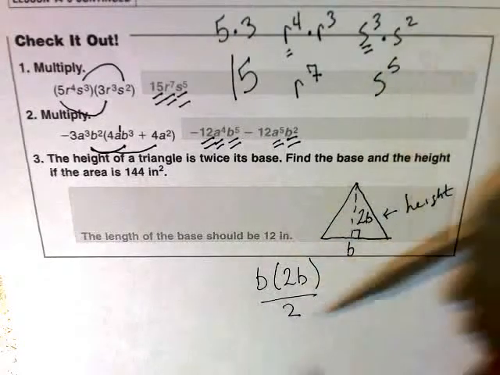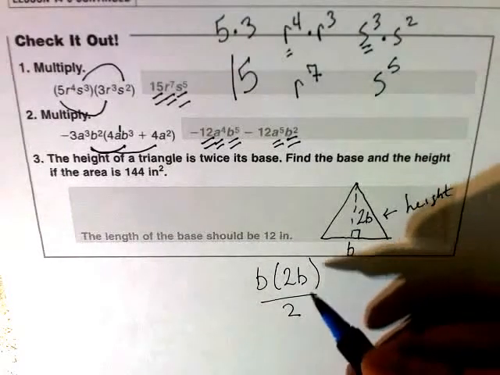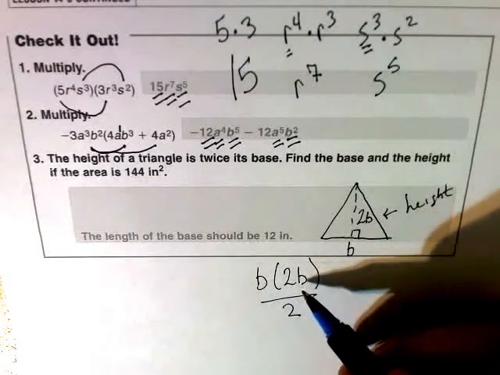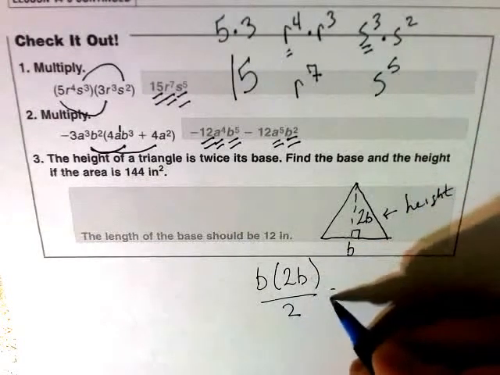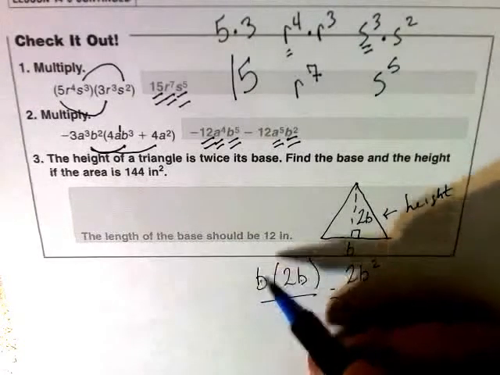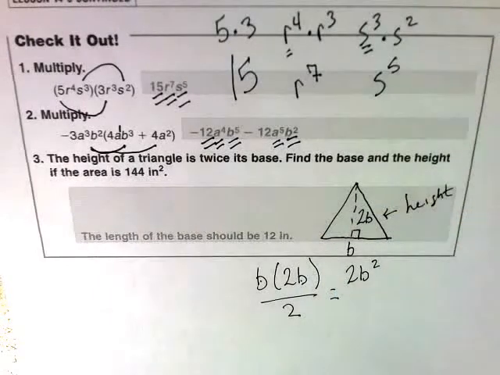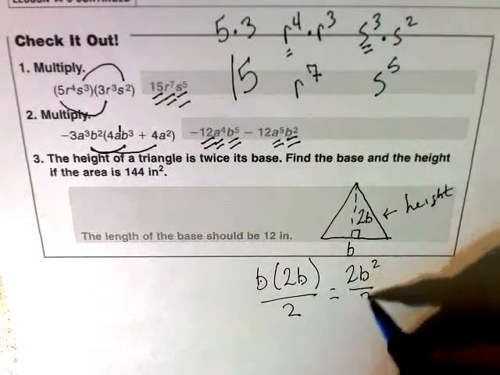So this statement here is going to equal 144. Well, let's go ahead and simplify this. This isn't a big deal to simplify because we've got b times 2b. That's going to combine to give me 2b squared. b to the first and b to the first combines to make b to the second, of course. And that's divided by 2.